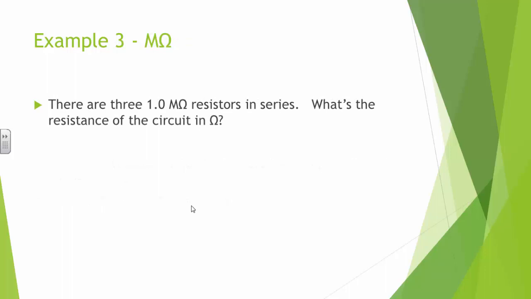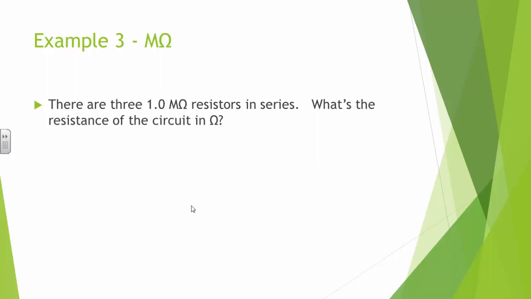Three 1.0 mega ohm resistors in series. What's the resistance of the circuit in ohms? Usually we don't want to do this conversion to avoid getting very large numbers, but for some reason we want this in ohms today, so we will do that.